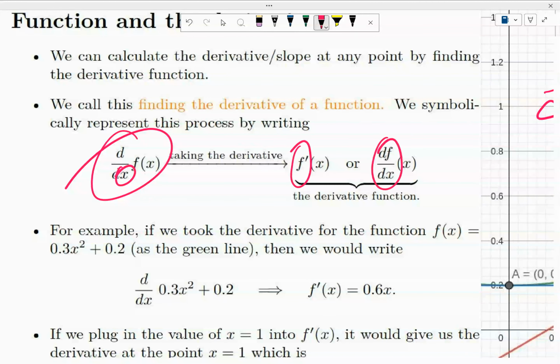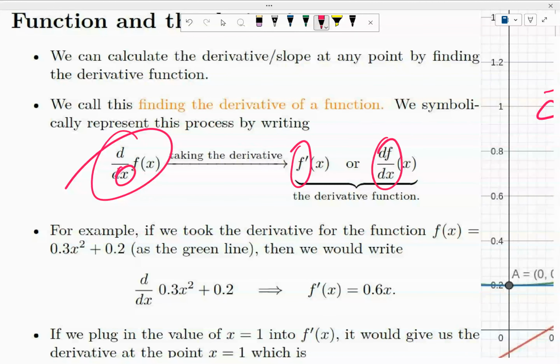So for this derivative, if you plug in 0, it's going to say the derivative is equal to 0, which means at this particular point, the function is not going up or going down. If you draw a line that just touches the curve at this point, it's going to stay flat.